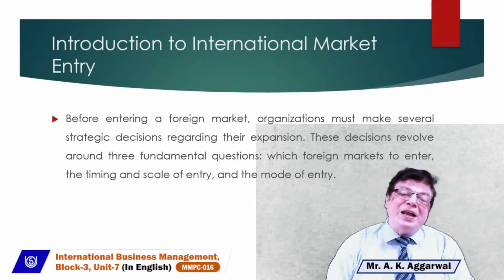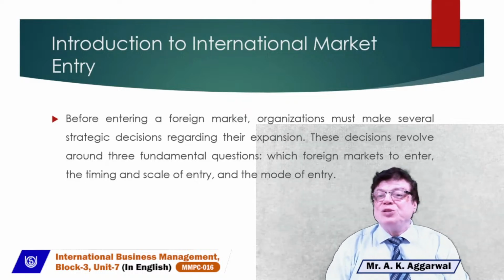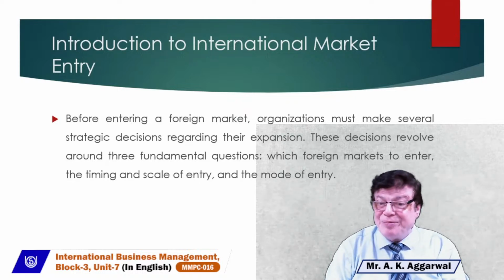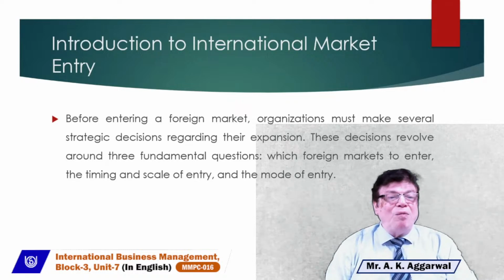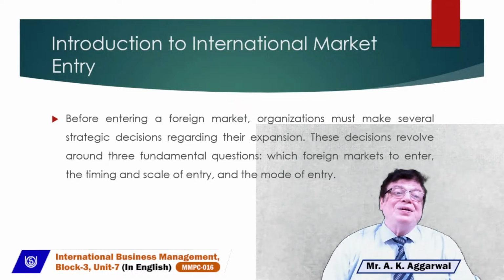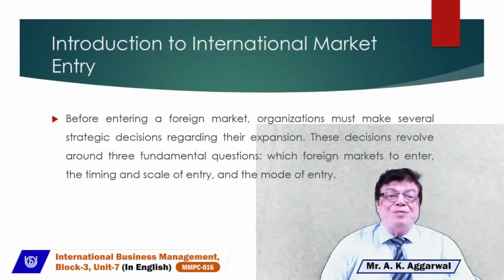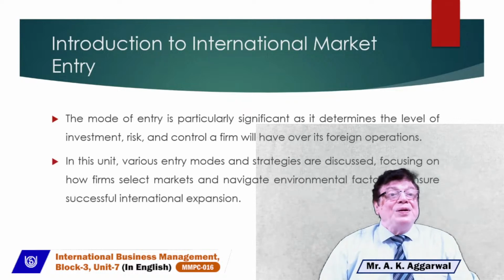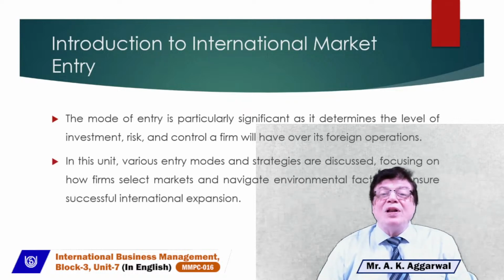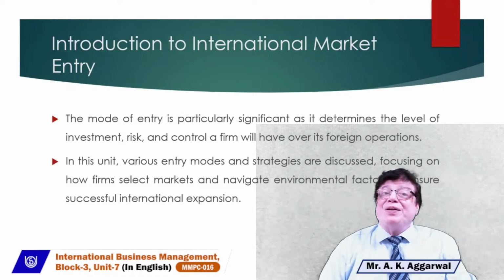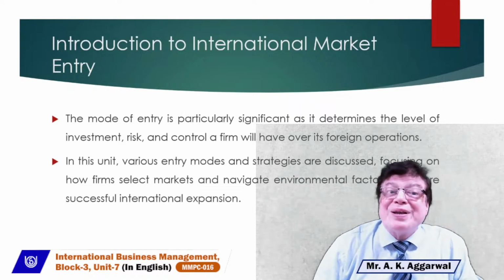So, before entering a foreign market, organizations must make several strategic decisions regarding their expansion. These decisions revolve around three fundamental questions: which markets to enter, the timing and scale of entry, and the mode of entry. The mode of entry is particularly significant as it determines the level of investment. How much is the investment?